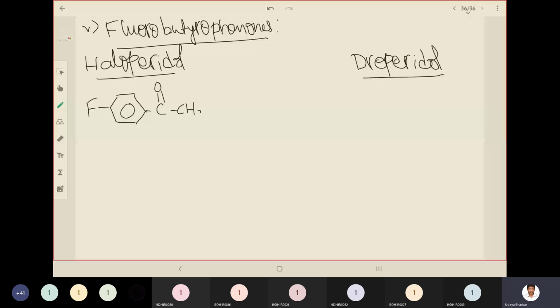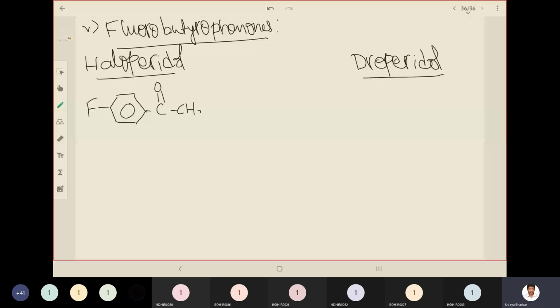Remember halo: the fluorine is the halogen present in haloperidol. And you have piperidinol as the main memorable portion in haloperidol.